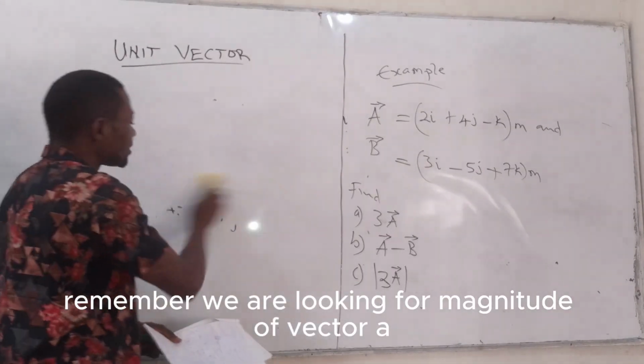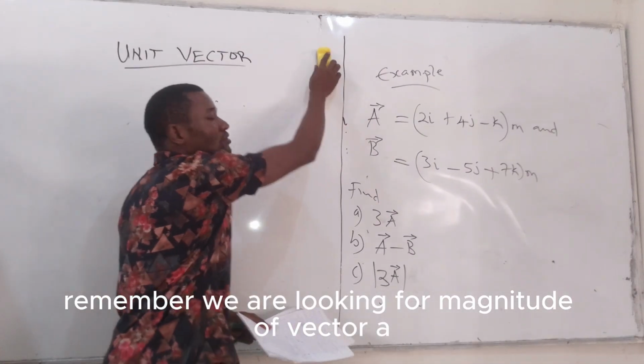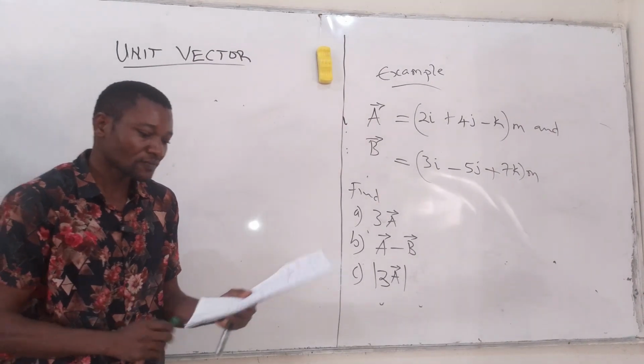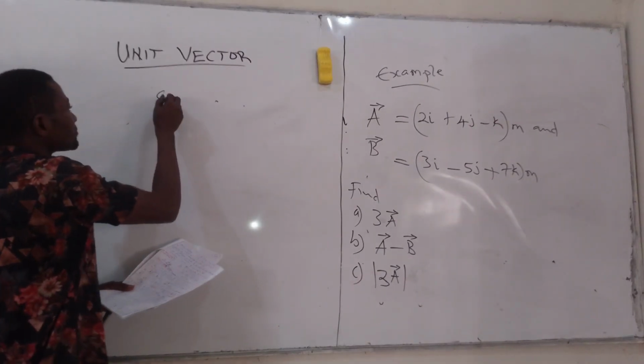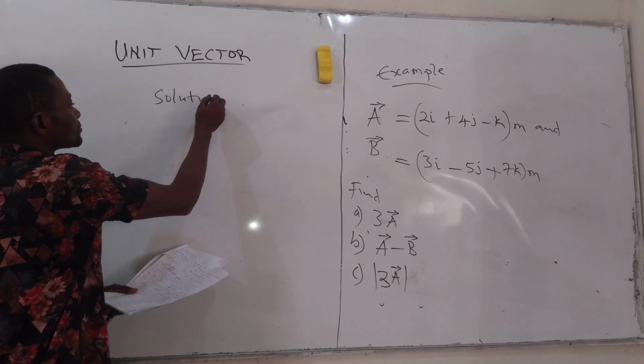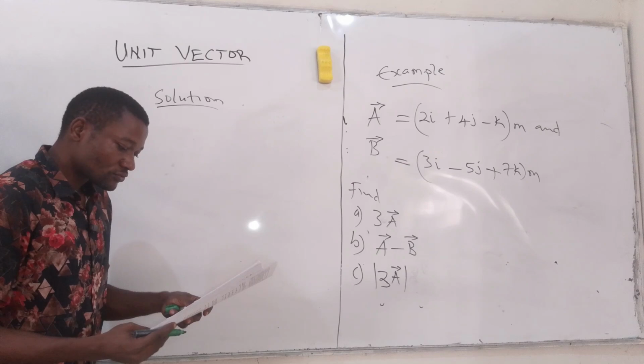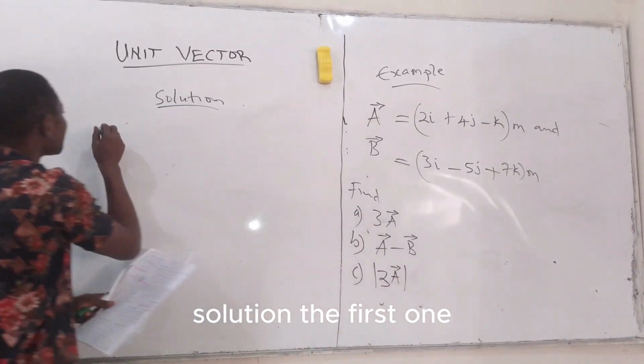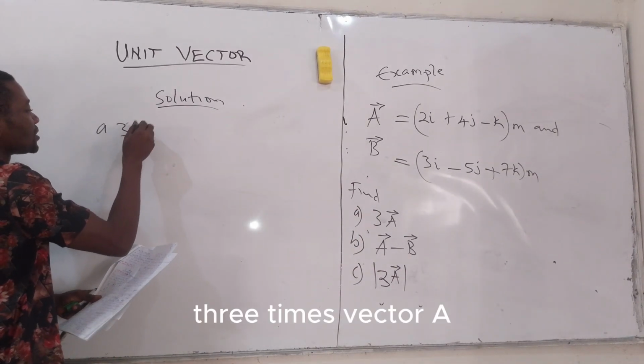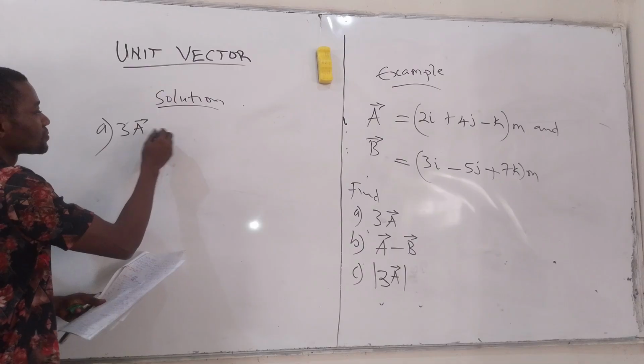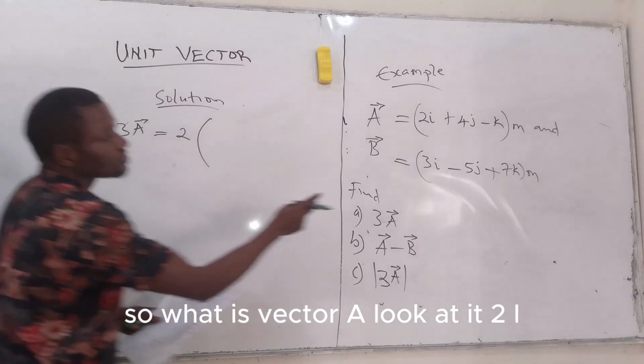Remember, we are looking for magnitude of vector A. So solution, the first one, 3 times vector A. So what is vector A?